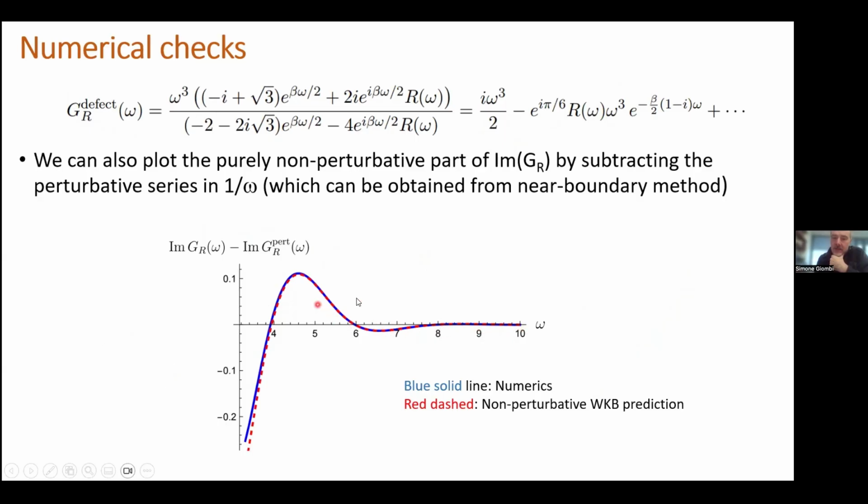Again, the dashed red line is basically plotting the imaginary part of this, and the blue line is the numerical solution where we by hand subtract the perturbative part, which is this plus the corrections that you can get from the near boundary expansion. So this gives us very good confidence that all the details here are correct. There's a reflection coefficient, which is quite complicated, and it comes from the analysis near the singularity. It must be correct, because otherwise we wouldn't see such good agreement with the numerics.